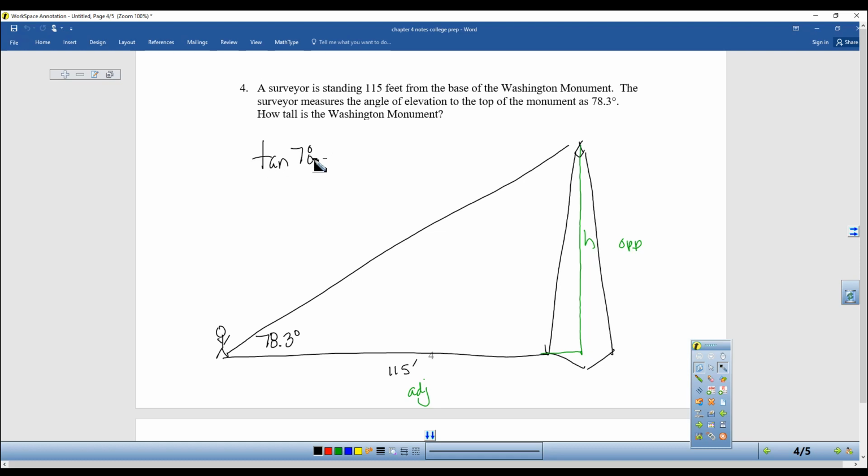Tangent of 78.3 degrees is equal to opposite over adjacent. So the height is equal to tangent of 78.3 times 115. The Washington Monument is 555.314 feet high.